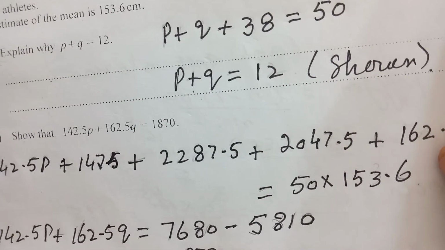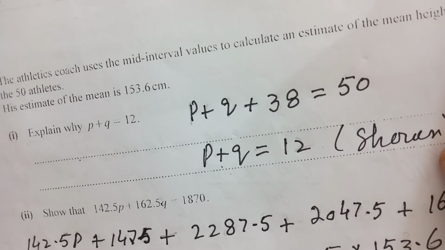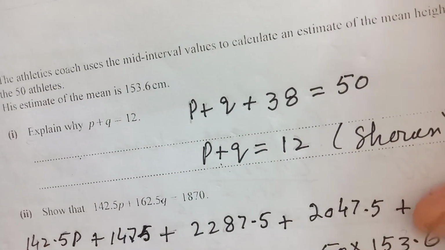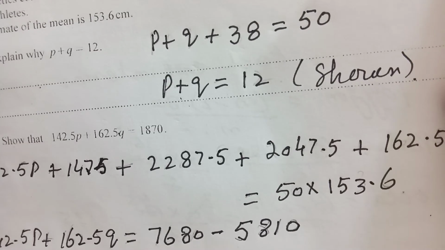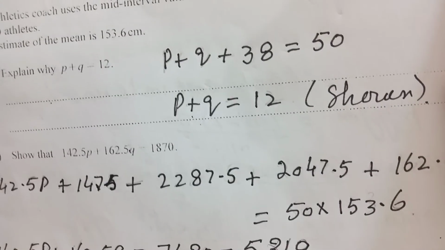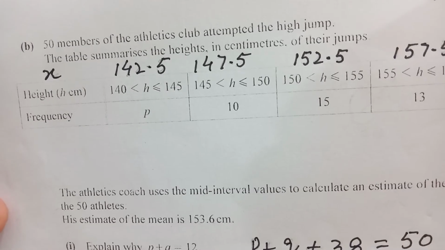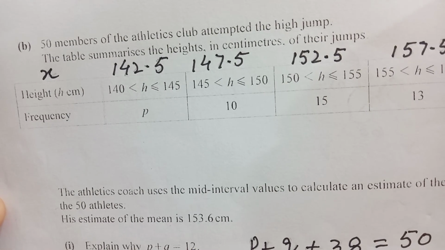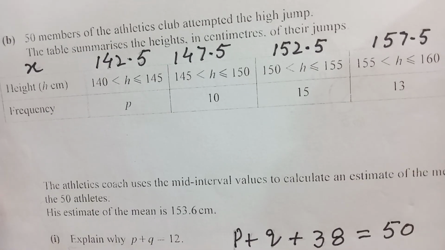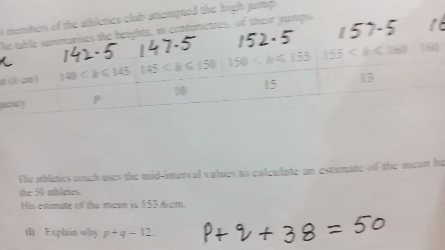In this we will apply the formula of mean. Sum of the values divided by the sum of frequencies equals the mean. So I have calculated the values of x. 142.5 is the sum of the upper class limit and lower class limit divided by 2. Answer is 142.5. Same with the other classes.